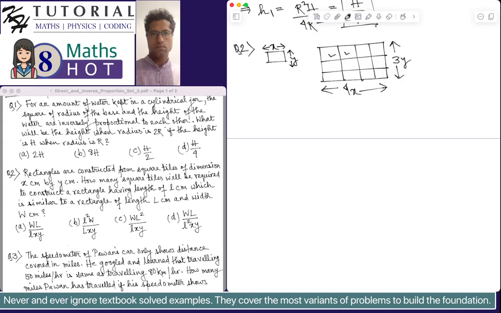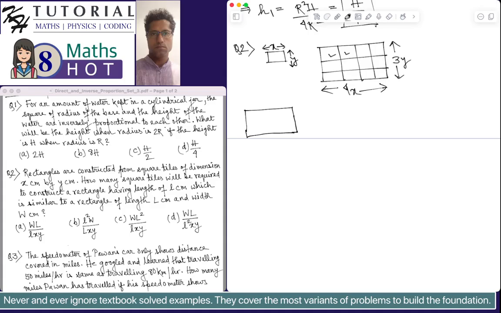Now it is asking how many square tiles will be required to construct a rectangle having length of small l centimeter, which is similar to a rectangle of length capital L centimeter and width W centimeter. We first need to understand what is meant by similar rectangles. Similar rectangles look similar but their dimensions are different.